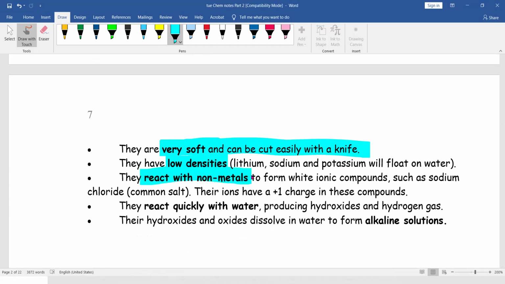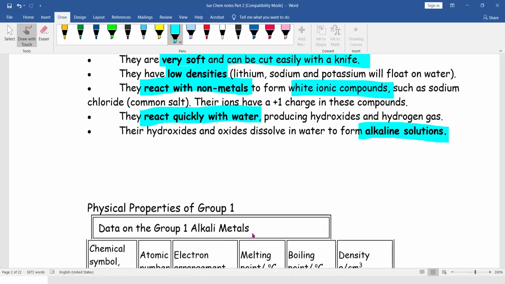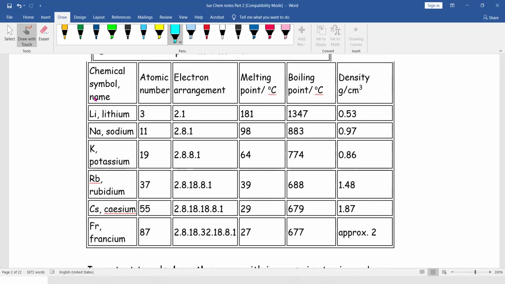They react with non-metals to form white ionic compounds. All the transition metals form colored compounds. Group 1 metals react quickly with water and produce an alkaline solution. Because they produce an alkaline solution, that's why they are called alkali metals. Get it? As you go down the group, does the size become bigger or smaller? Bigger.